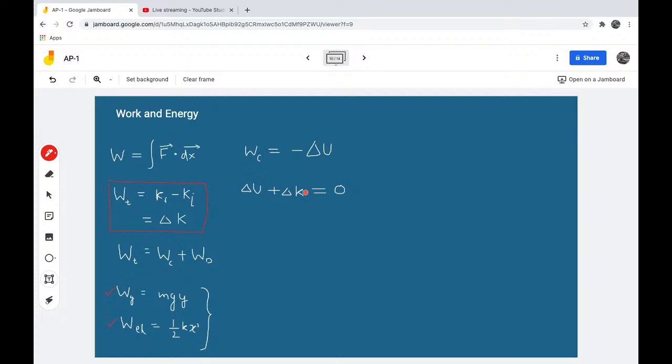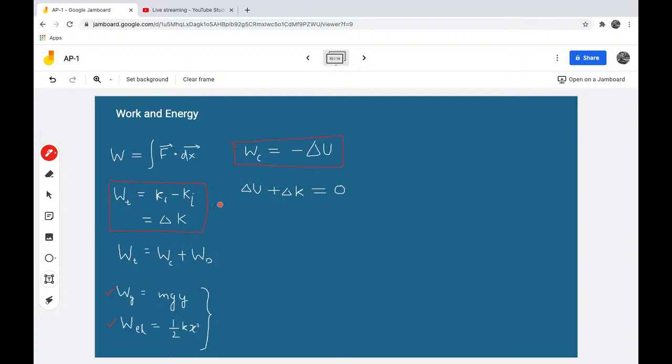Work done by conservative forces is minus delta U. We can always define a potential energy function, U, and the work done by conservative forces is minus delta U in both cases, gravity and elastic.